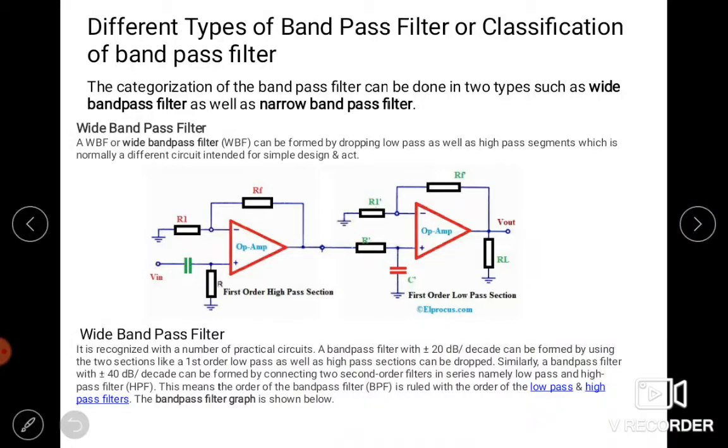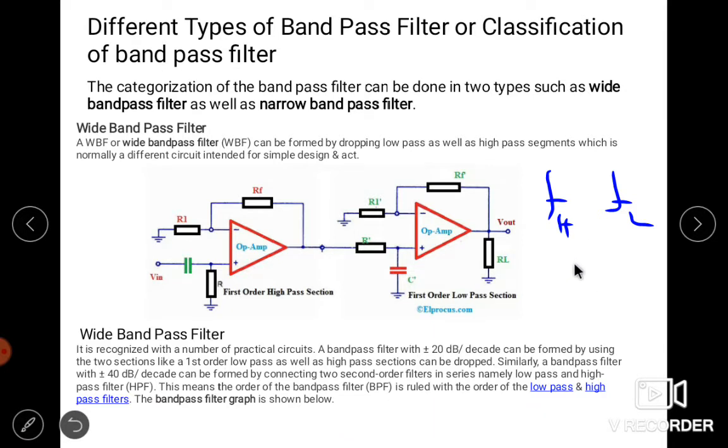The parameters of importance in the band pass filter are the high and the low cutoff frequency. The higher frequency is denoted by fh, where H stands for high frequency, and the lower one is fl, where L stands for low frequency. We recognize the high and low frequencies by this nomenclature.